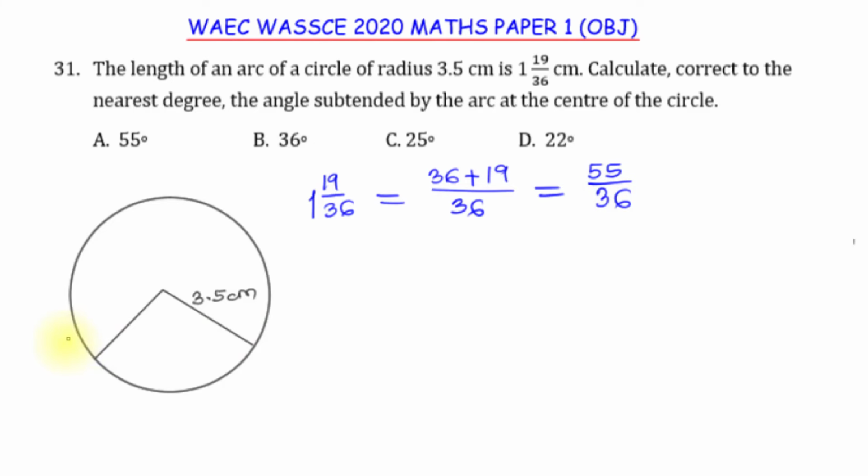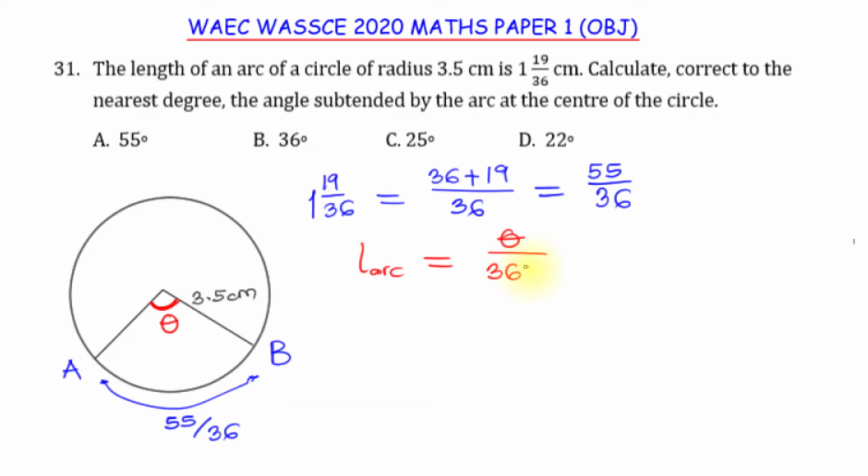So the length of this arc, if we call this point A and point B, the length of this particular arc AB was given as 55/36. What we're asked to find now is the angle, and if I call that angle theta, that's what we're asked. Now, the general formula for the length of an arc is theta over 360 multiplied by 2 pi r.